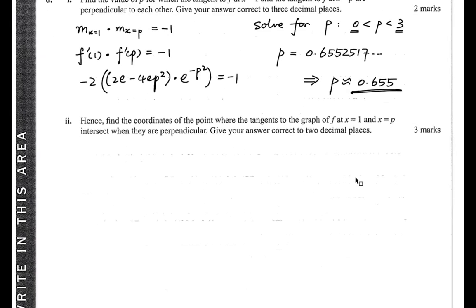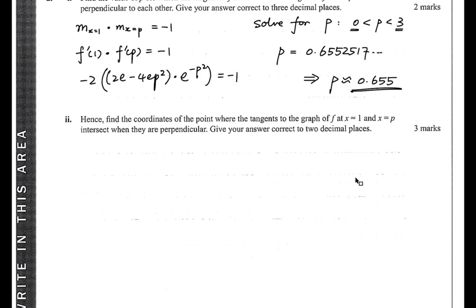Hence, find the coordinates of the point where the tangents to the graph of f at x equals 1 and x equals p intersect when they are perpendicular. Give your answer correct to 2 decimal places. So coordinates. Using your CAS calculator, the tangent at x equals 1 is y equals -2x plus 4.